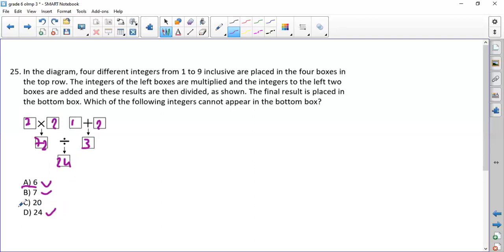Okay, so the one that remains is 20. Let's see if we can find a possible value for 20 or not. If I have 20 here, which division can I have? 40 divided by 2.